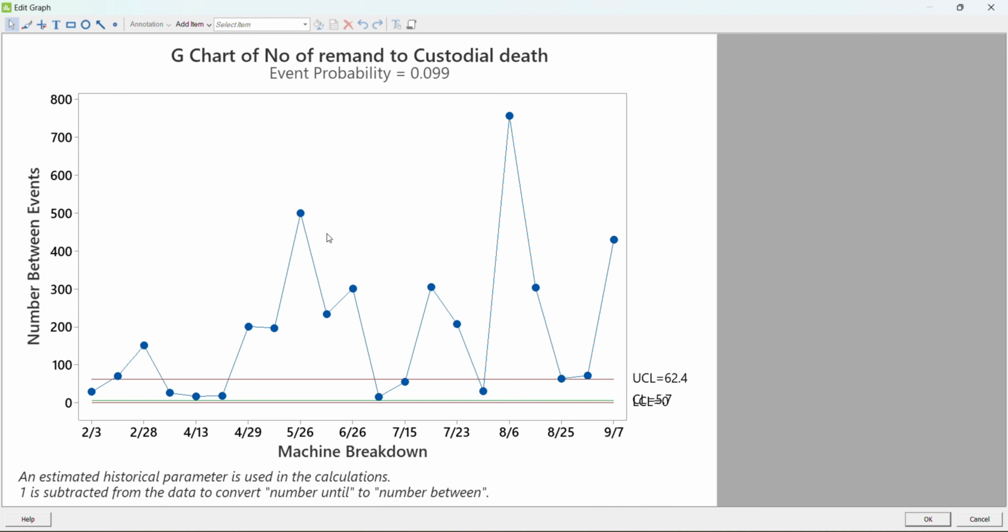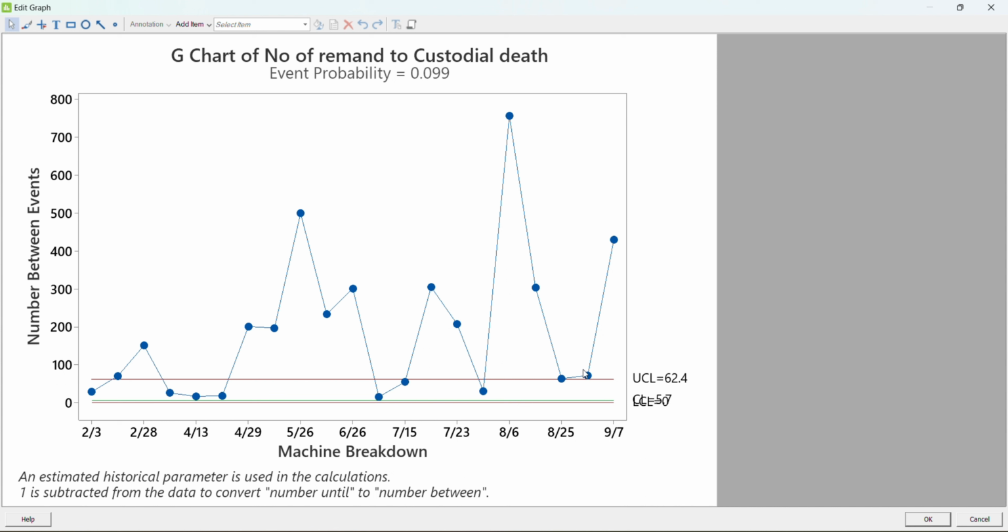This is an undesired event, and as the graph spikes up, it's good news. If you see the distance between this event and this event, for almost 700 days, there was no custodial death. Sorry, not days: for 700 people remanded, there was no custodial death. That is the information we are seeing here.